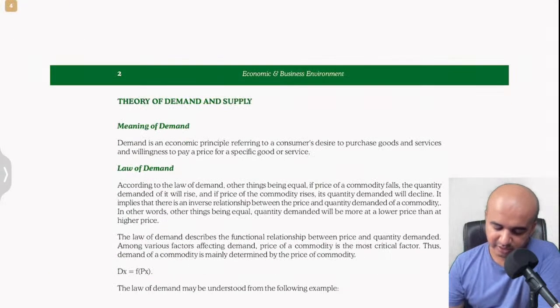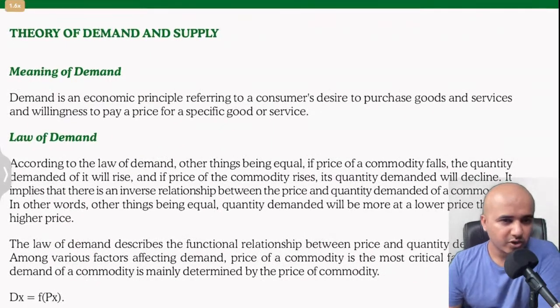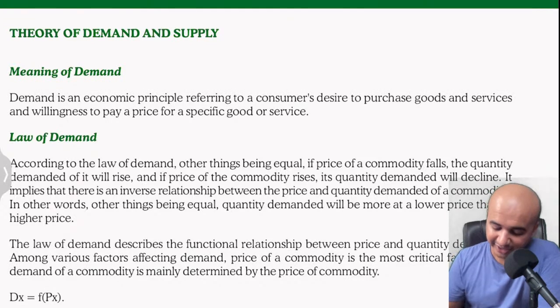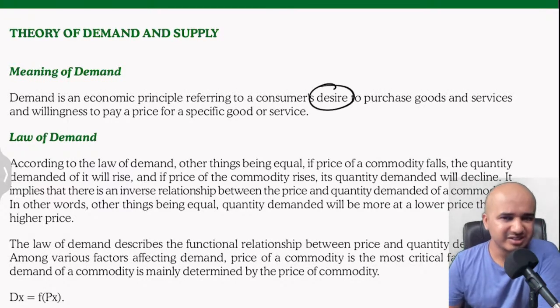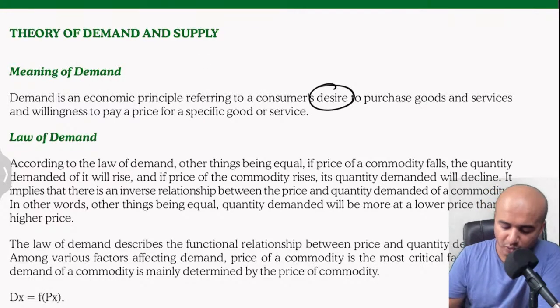So first let us look at the demand. Now what is the demand? I'm sure you would have already studied or you would be aware of this, but let us go through this quickly. Demand is an economic principle referring to a consumer's desire, they say. So you want something. Let's say I want to buy the latest gadget.